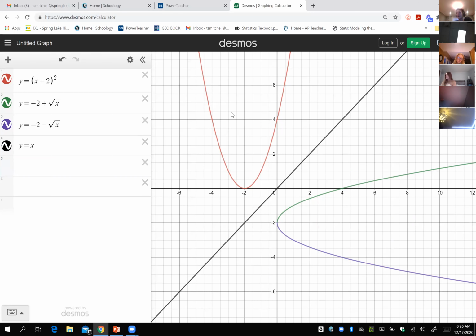So then we could go ahead and sketch this, right? From what we're seeing on our Desmos graph, we could sketch it because the whole goal was to graph each relation and its inverse on the same graph.